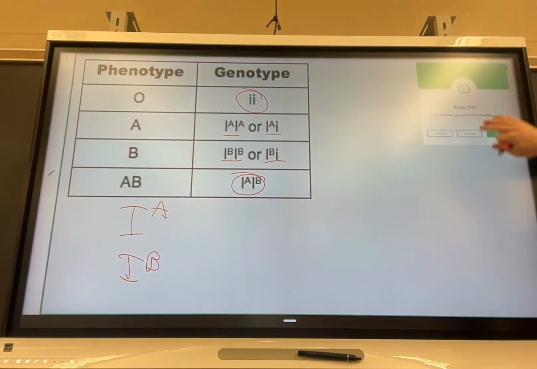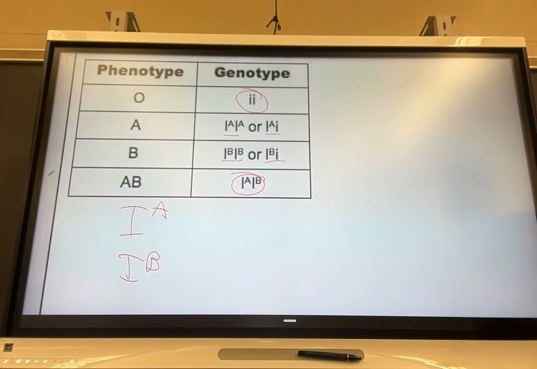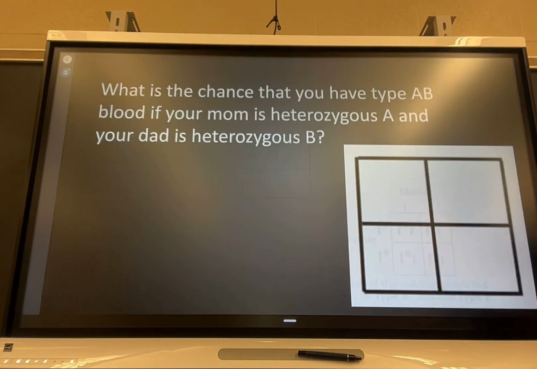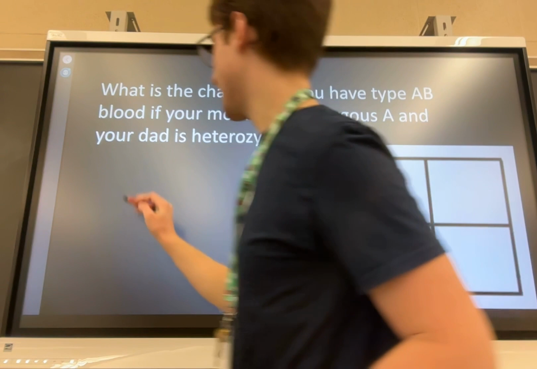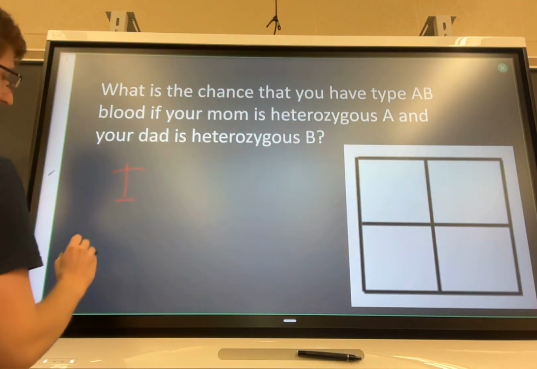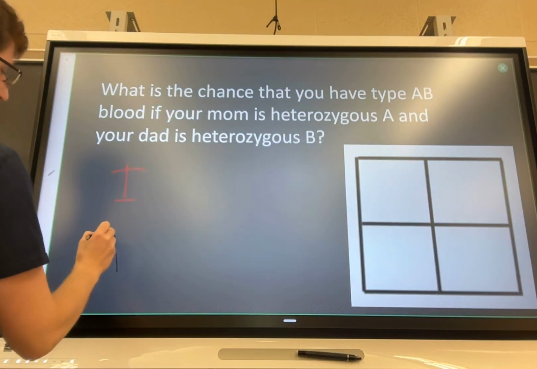So going through an example, what is the chance that you will have type AB blood if your mom is heterozygous for A and your dad is heterozygous for B? So if we break it down, we have our dominant I and our recessive i.